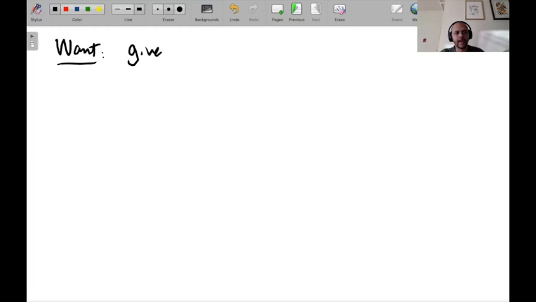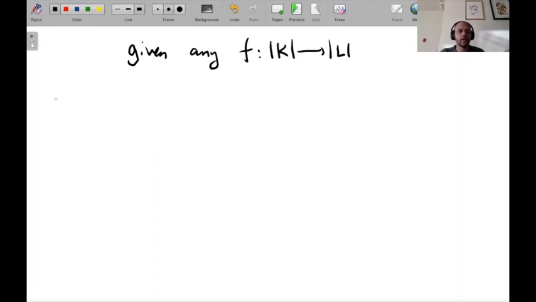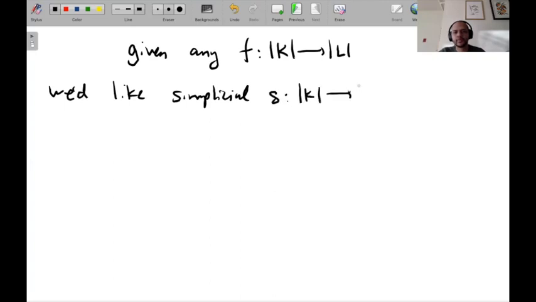Given any map between simplicial complexes, let me say it this way: given any map, we'd like a simplicial map S so that f is homotopic to S.